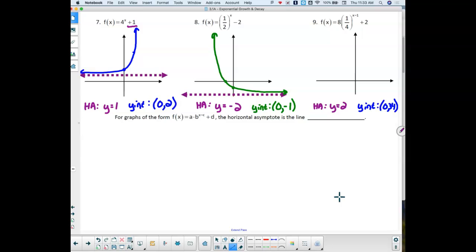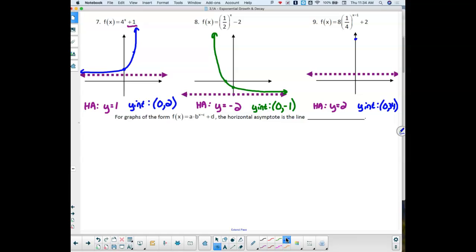I get a y-intercept on this one of (0, 34). Agree? So I plug in 0. 0 minus 1 is -1. 1/4 to the -1 power is 4. Times 8 is 32. Plus 2 is 34. So I'm way up here. This to me is a decay.